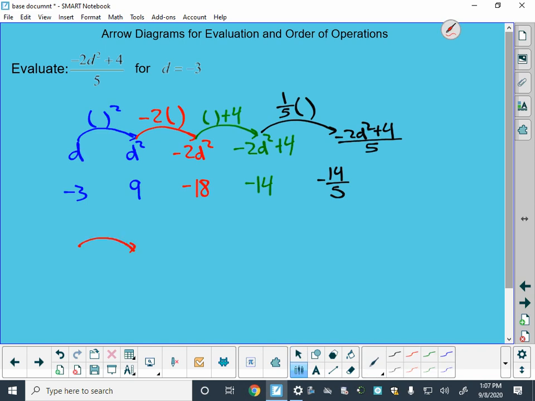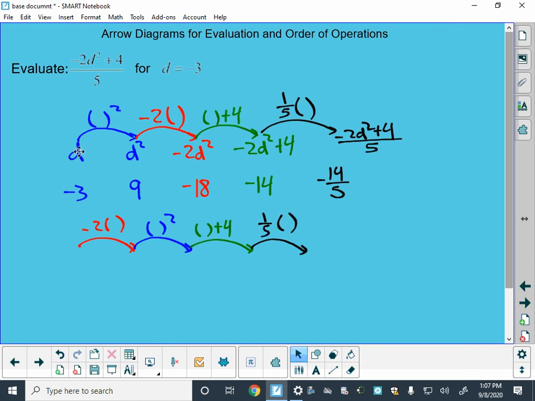If I tried the red arrow first, and then put the squaring arrow on there, and I'll leave the other ones in order as they are, add 4, and multiply by 1/5. If I start now with a -3 here and multiply by -2, I get a 6.